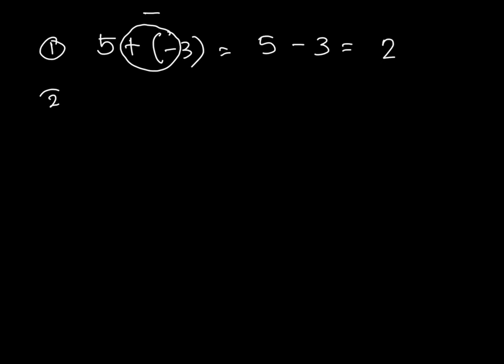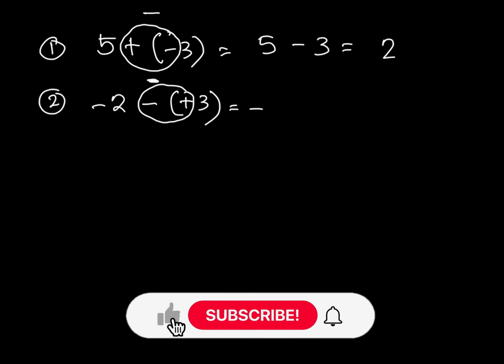Another example is if you have negative 2 minus positive 3. Remember, if you have minus and plus, it will always become minus. So in this problem, you will have negative 2 minus 3.